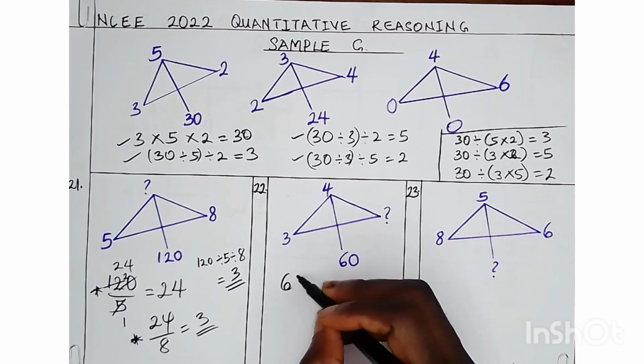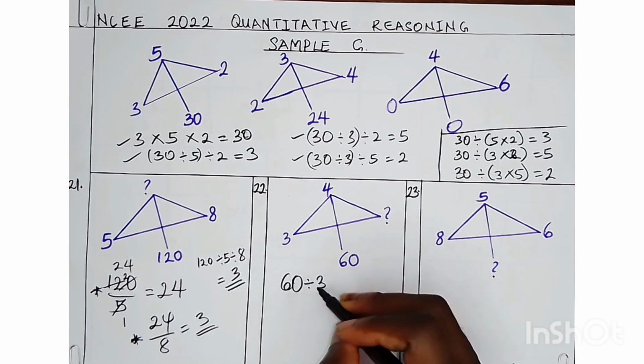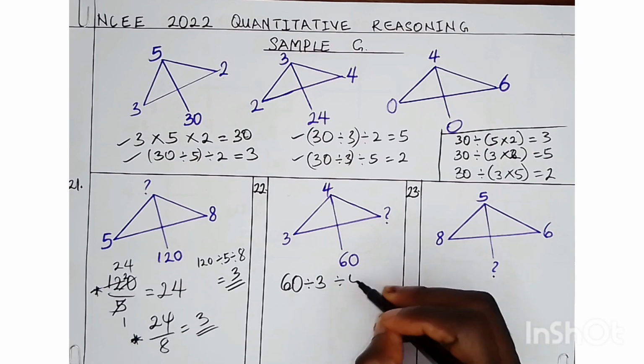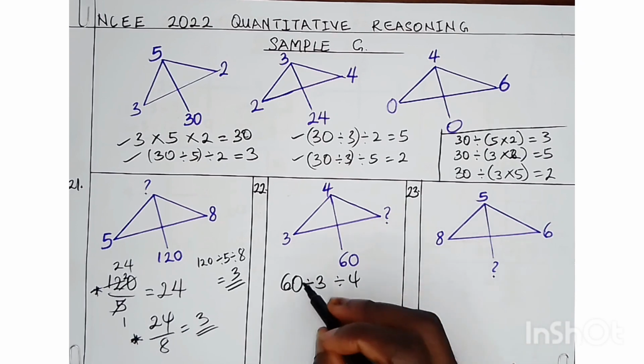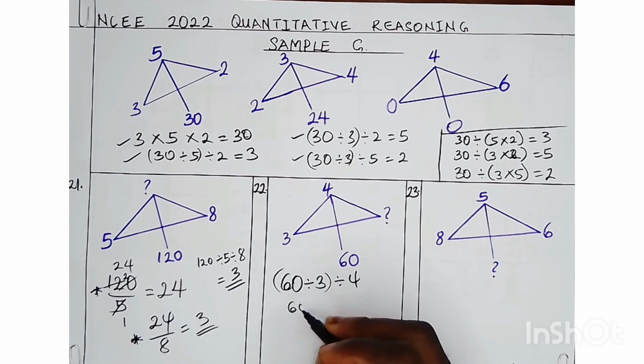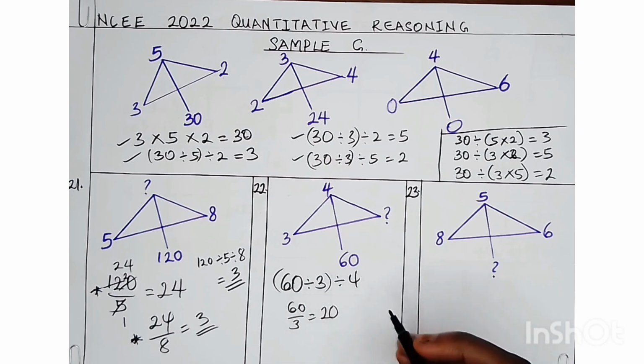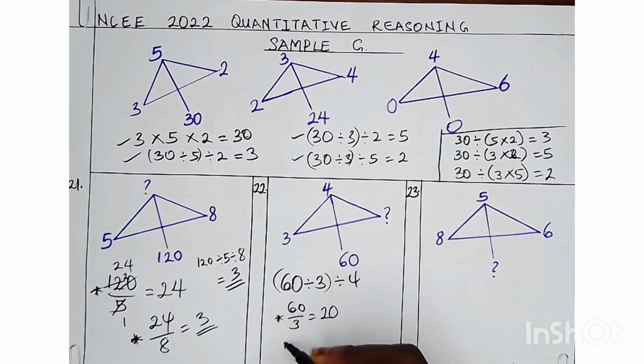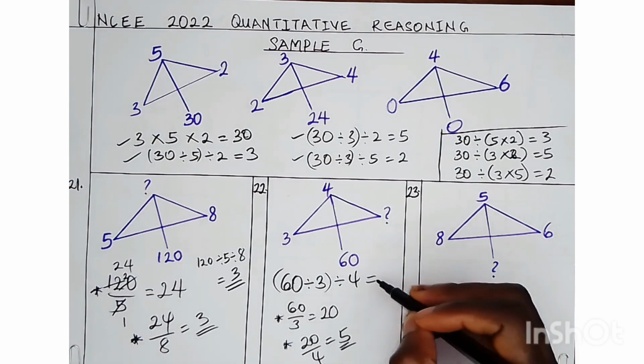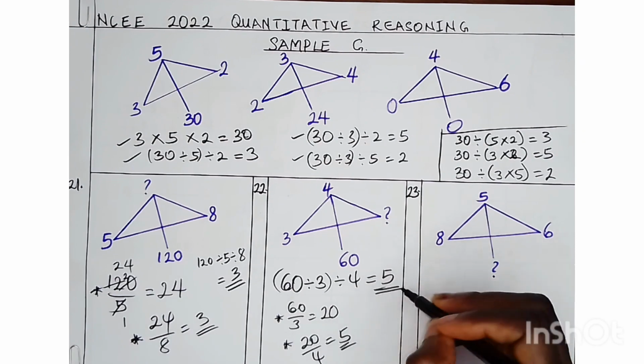So we're going to do 60 divided by 3 divided by 4. Let's take it in bits. Let's take this first. 60 divided by 3, 3 in 6 is 2, and 3 in 0 is 0. That's 20. Then we do 20 divided by 4. 20 divided by 4 is 5, because 4 times 5 is 20. So our answer to number 22 is 5.